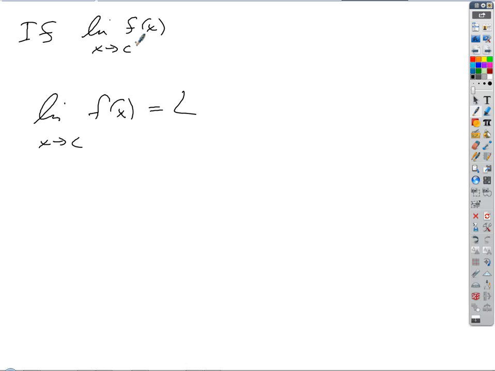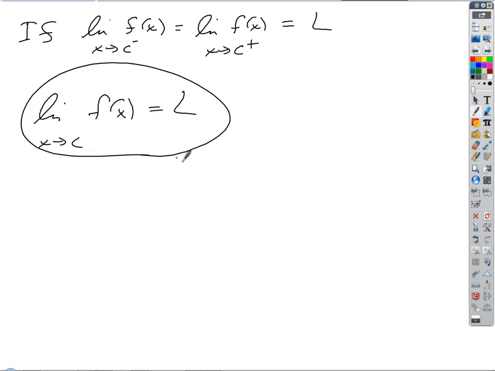So as x approaches c from, let's say, the left, equals the limit of f of x as x approaches c from the right, and they're equal to L, then that has to be true, right? In other words, we could summarize that by saying if the two one-sided limits exist and agree, then the two-sided limit works, okay?